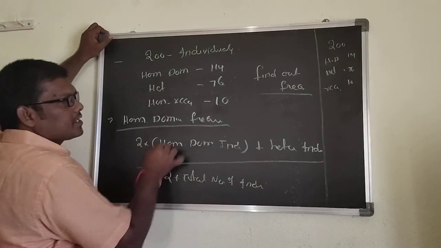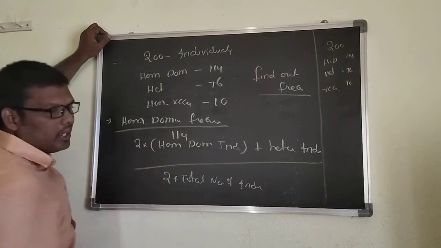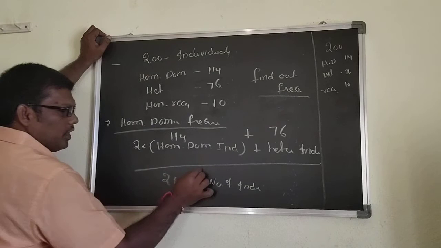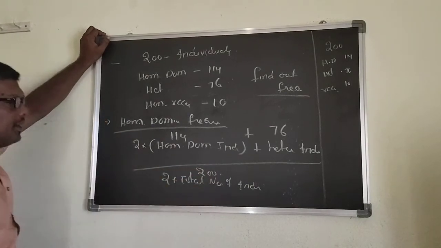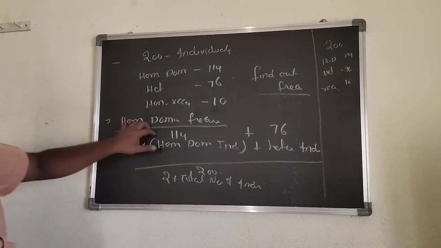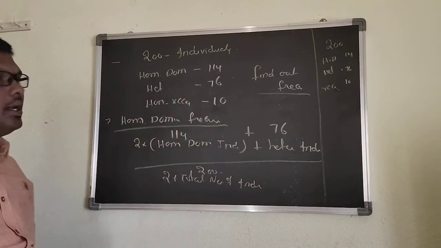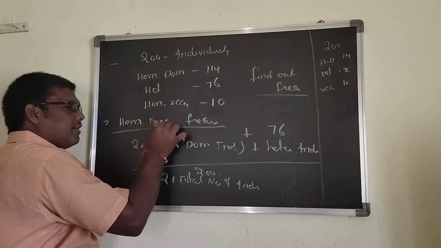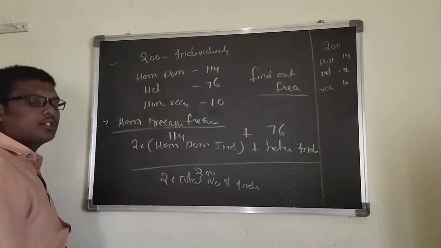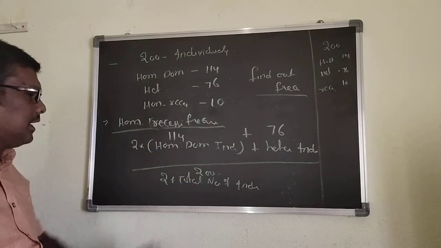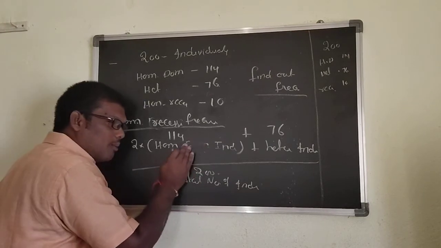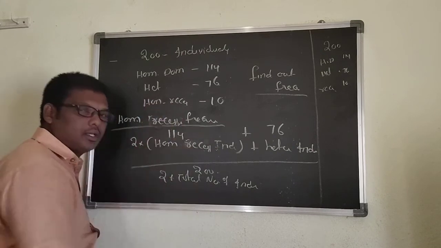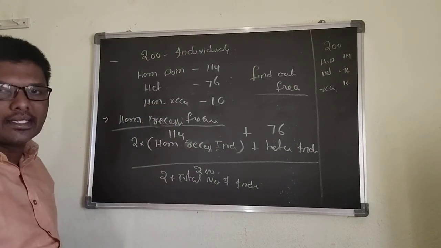That is 2 into 114 plus 76, divided by 2 into 200, and you get the homozygous dominant frequency. If they ask for the homozygous recessive frequency, instead of the dominant individuals, you put the recessive individuals, and you get the answer.